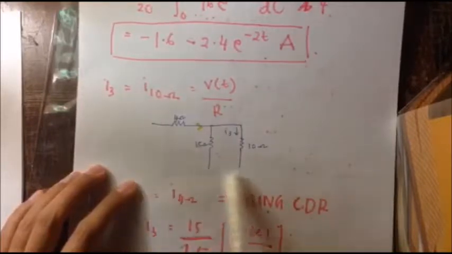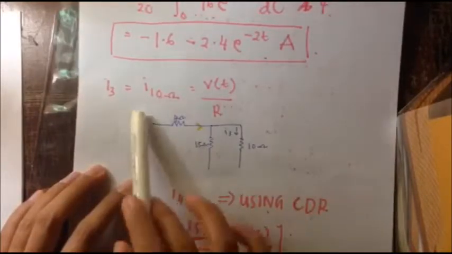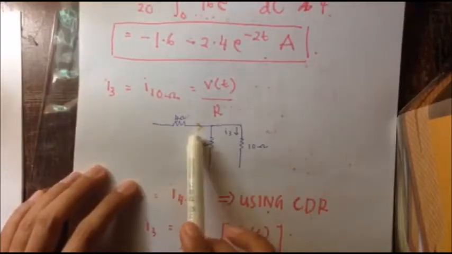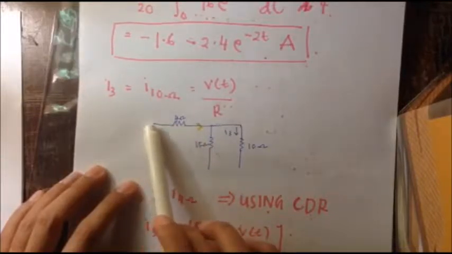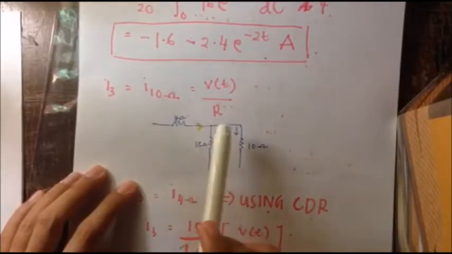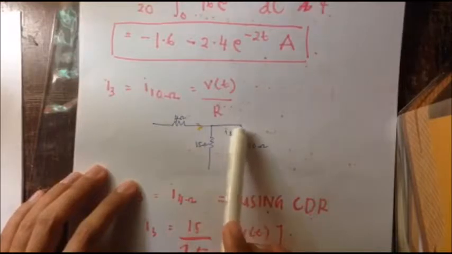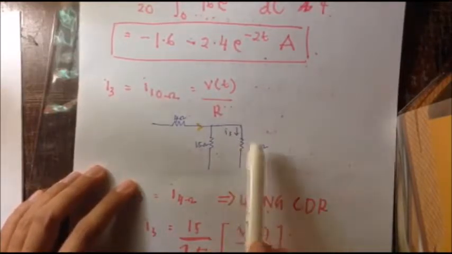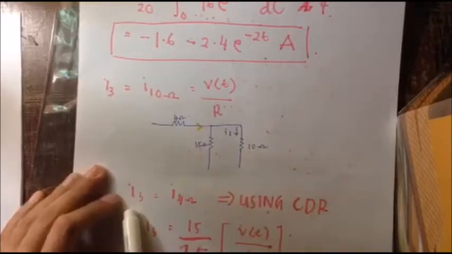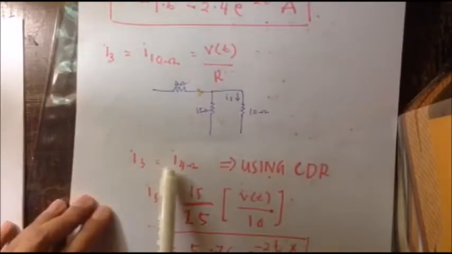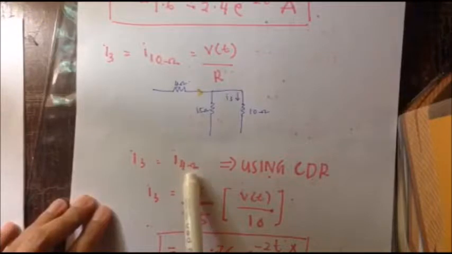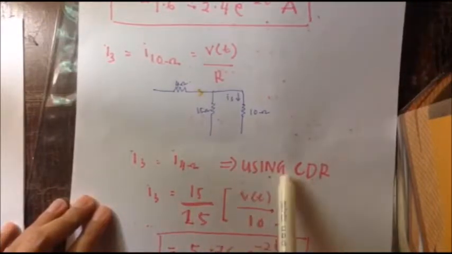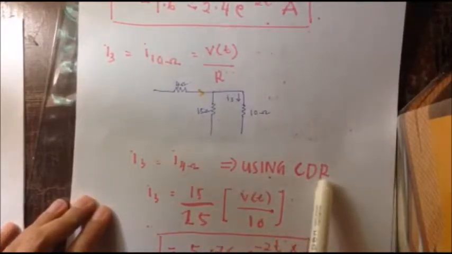After we rewrite the circuit again, we know that the current flowing through the 4 ohm resistor is also the same as the current I3 flowing through the 10 ohm resistor. So I3 is equal to the current through the 4 ohm using the current divider rule.